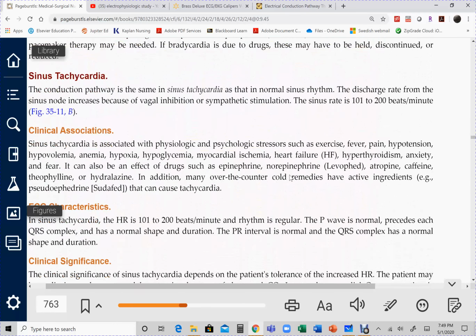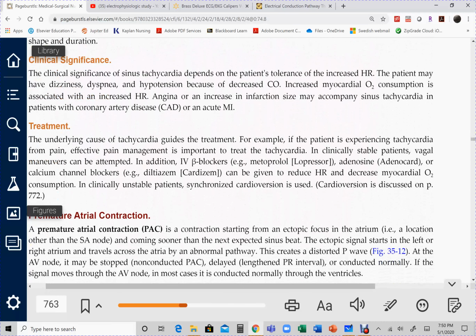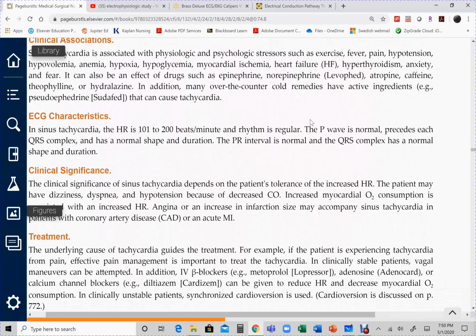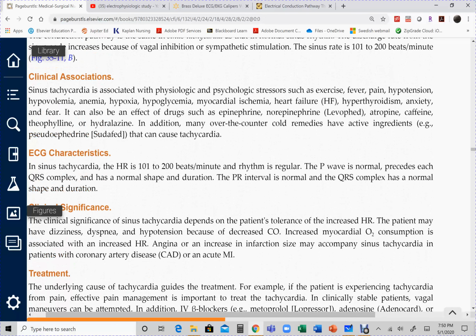Let's look at sinus tachycardia if it's the same. Here, the underlying cause guides the treatment. So therefore, if that's the principle there, let's look at the causes. So causes here of sinus tachycardia are here, clinical associations. So these are some of the causes.